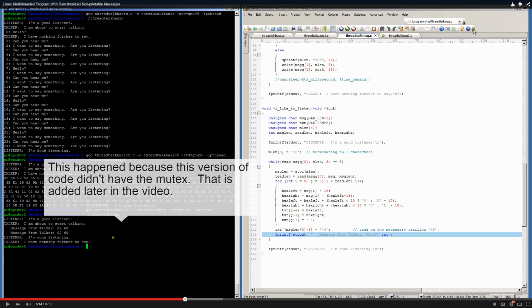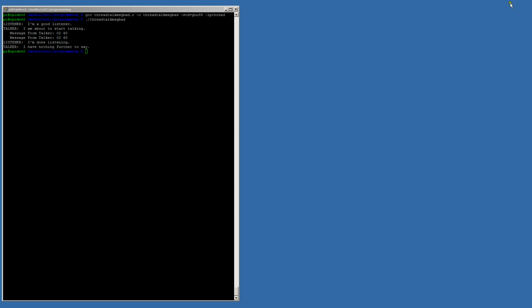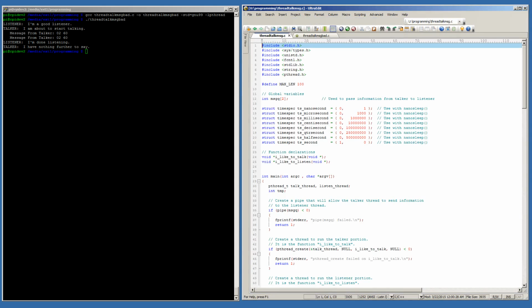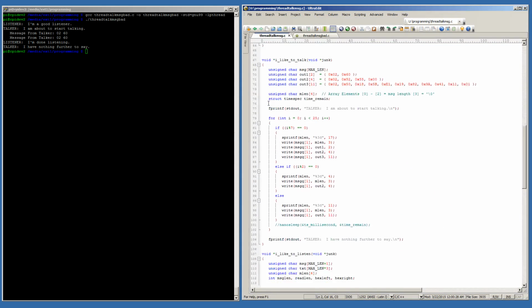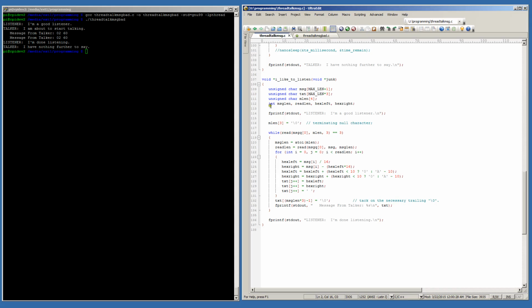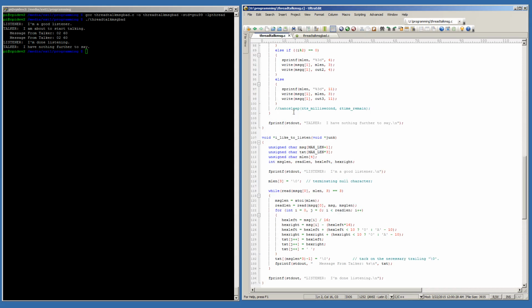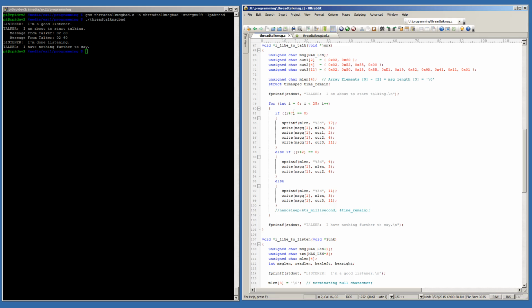What I'm going to do is close this down and open up our text editor here. And this was the original program I had. And I basically walked through a scenario later in the video explaining what would be a possible scenario that could happen if you weren't using a mutex.